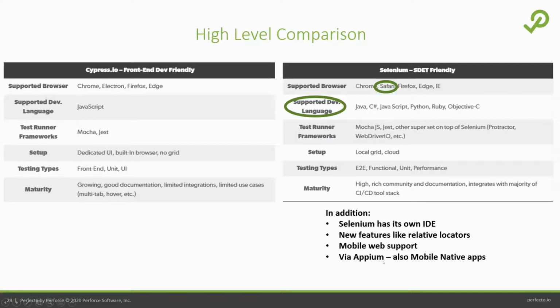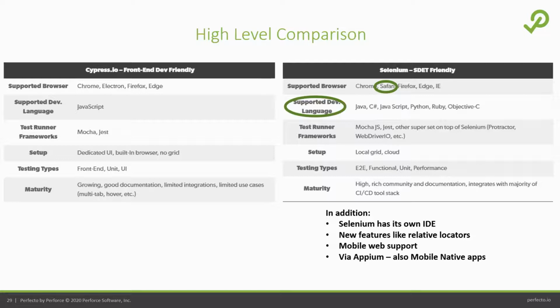Selenium also has, starting with Selenium 4, a very cool IDE as an add-on to Firefox and Chrome browsers, and something which in my mind is a very key benefit of Selenium compared to Cypress, and that's the mobile support. Think about today's digital reality.